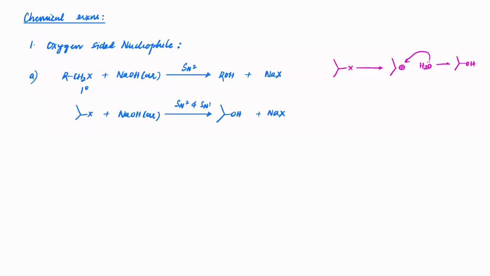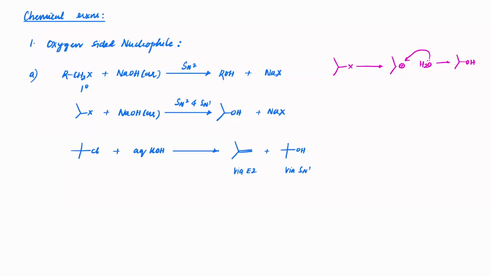Third one is when you have a 3 degree alkyl halide reacting with aqueous KOH or NaOH. This will give you more alkene via E2 mechanism and some alcohol via SN1 mechanism. The SN1 mechanism here is because a carbocation forms first, and on that carbocation H2O will be attacking, thus giving you a 3 degree alcohol.